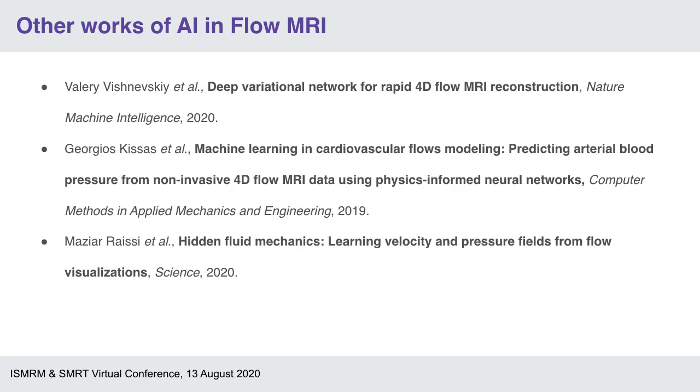The last two are an interesting direction of deep learning networks in physics, where they try to create physics-informed neural nets to estimate the flows. I think this is going to be the next big thing for flow reconstruction or flow visualization.